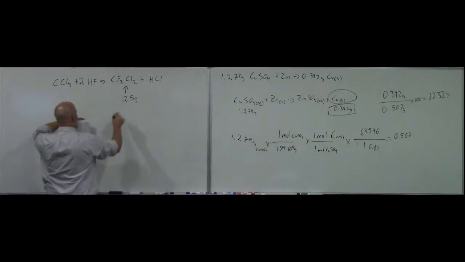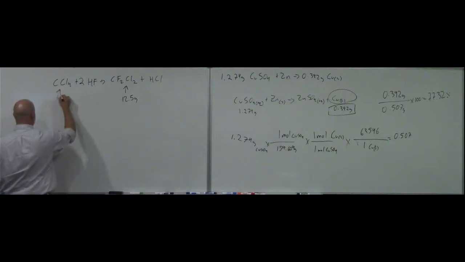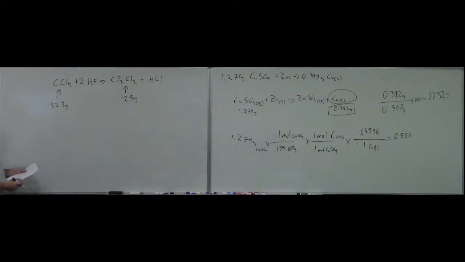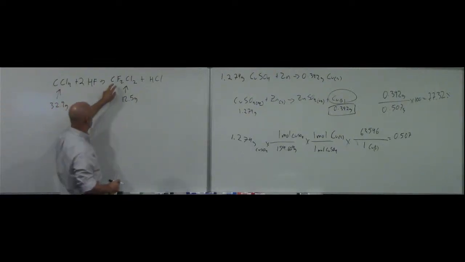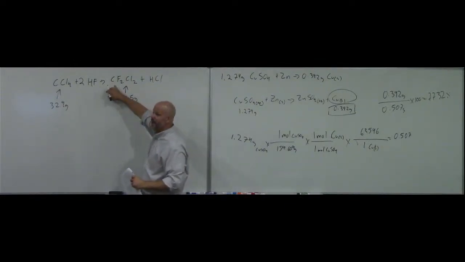The 12.5 grams of this gas is our actual yield, right? And we began with 32.9 grams of this. By now we should be pretty familiar that we go from this, use our formula weight to convert to moles, do my mole-mole ratio, and use the formula mass of this to get to a hypothetical yield.